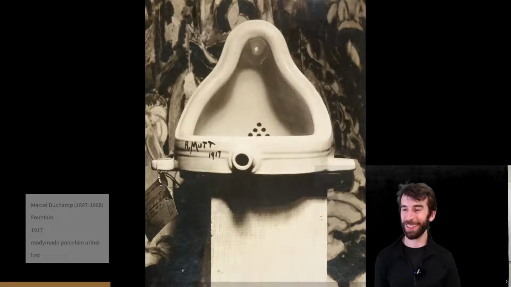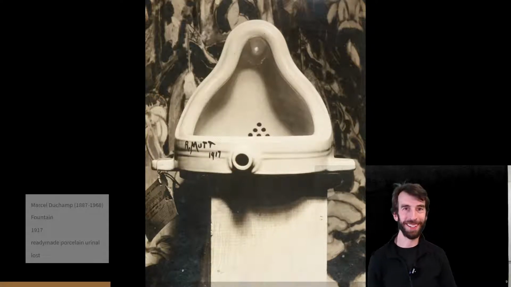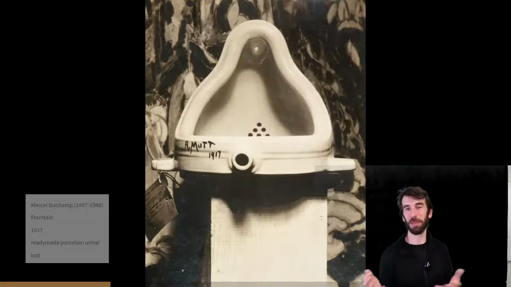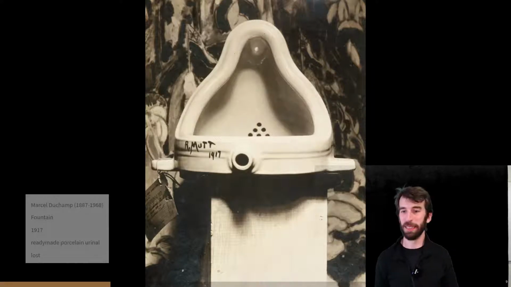So it's a lot of irony going on there, a lot of play, but also kind of bordering on the obscene. It's taking something which we think of as a bit gross, taking a toilet, and turning it into this very strange thing.